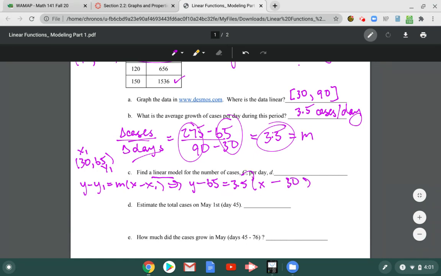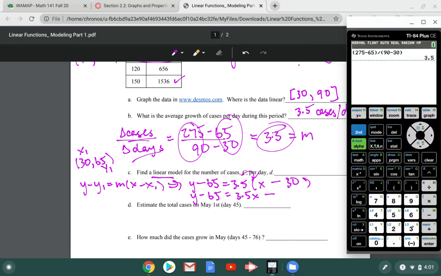I need to distribute that 3.5, so y minus 65 is equal to 3.5x minus 30 times 3.5. 30 times 3.5, 105.